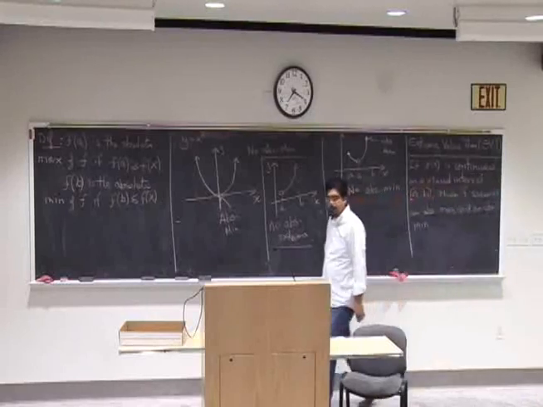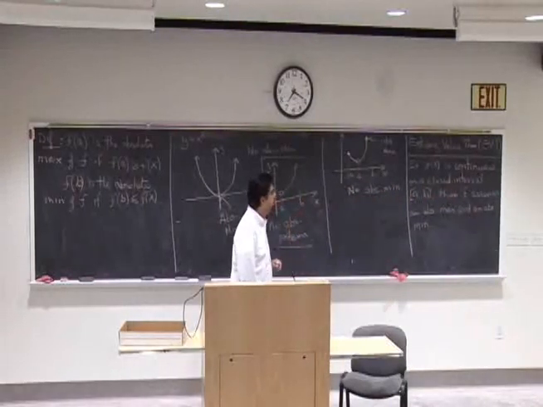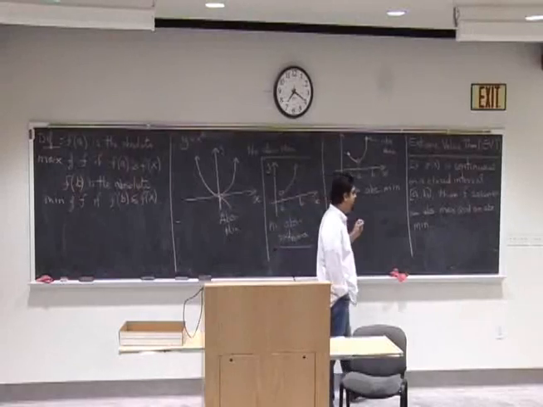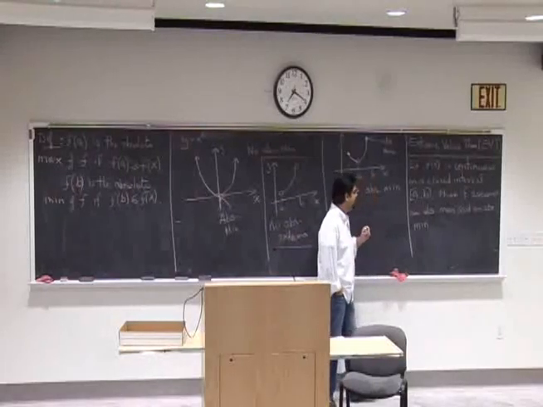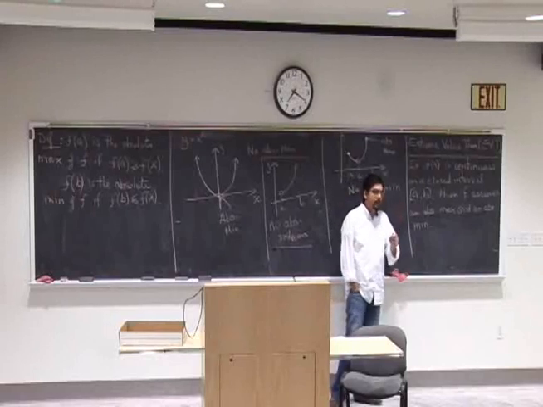Okay? So there is a value within AB at which you have a maximum, and another value between A and B at which you have the lowest value.